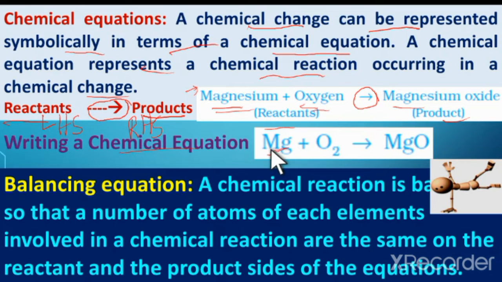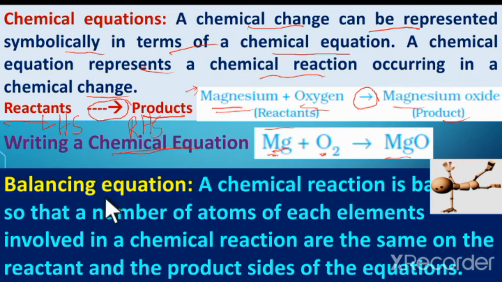Here the magnesium symbol is Mg and the oxygen symbol is O2, to form magnesium oxide. MgO is the formula of magnesium oxide. This way we write the chemical equation by using the symbols and formulas of the different elements involved, which is known as the chemical equation.